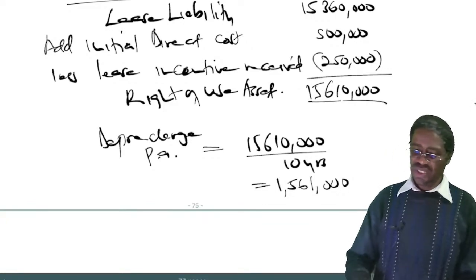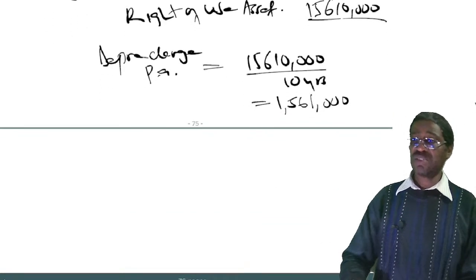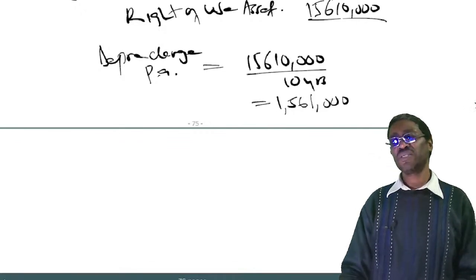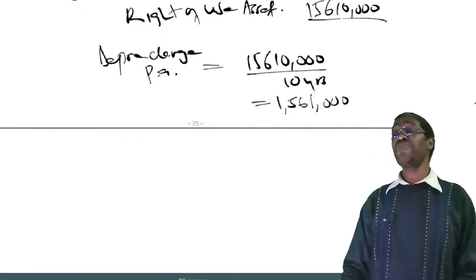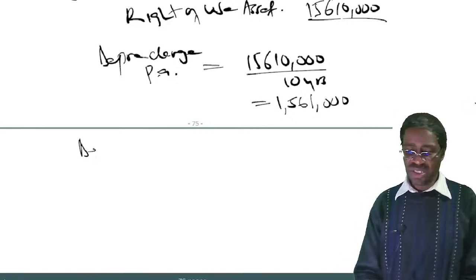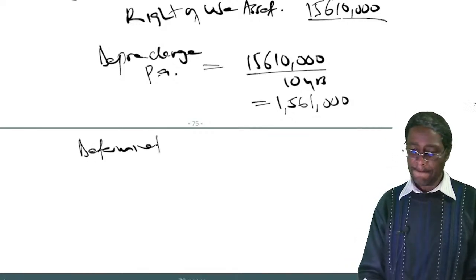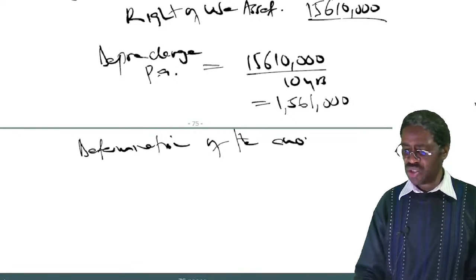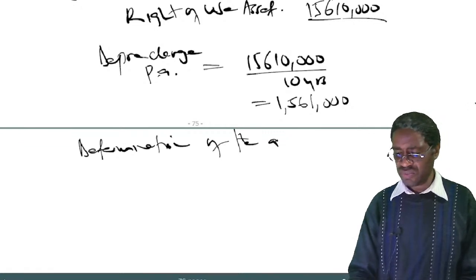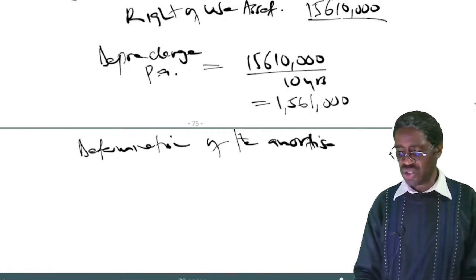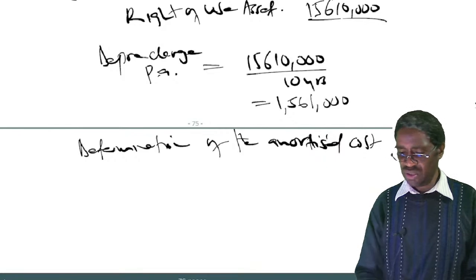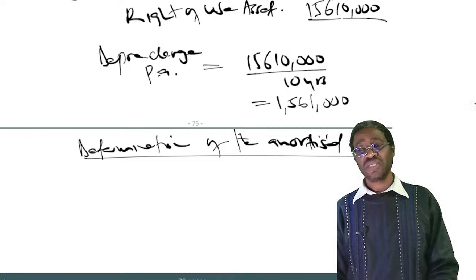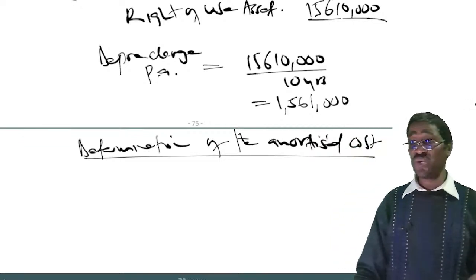Good. Now we compute the amortized cost. So have another subheading: determination of the amortized cost. Now, here I want you to listen carefully again.